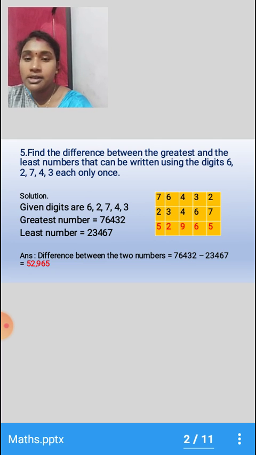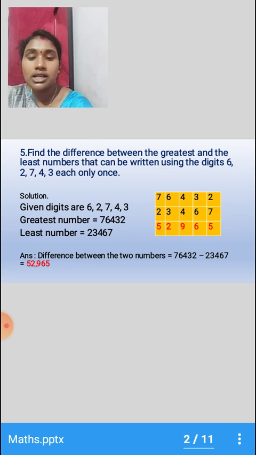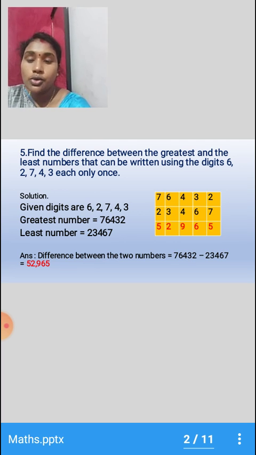In the first session we saw shifting digits. So this is where you have to do the shifting of digits. Find out the greatest number from the given digits. There are numbers 6, 2, 7, 4, 3. Among these the greatest digit is 7.